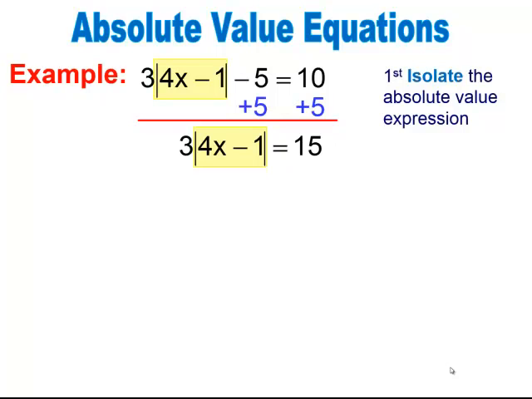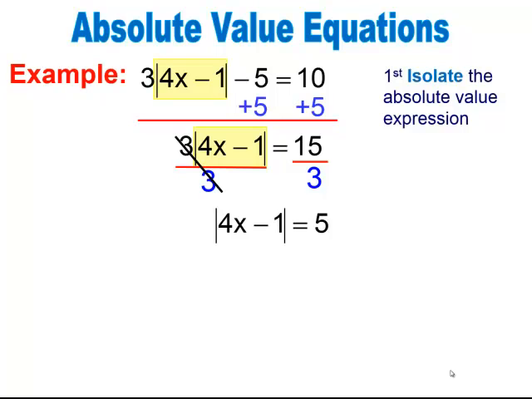Now this is not the distributive property, because with absolute value bars you can't put something inside it. You can only take it out. So when we have a 3 attached to the absolute value bars, you have to get rid of it by doing the inverse operation. And 3 is being multiplied to it, so the inverse operation would be division. So you have to divide through by 3 to get the absolute value expression by itself.